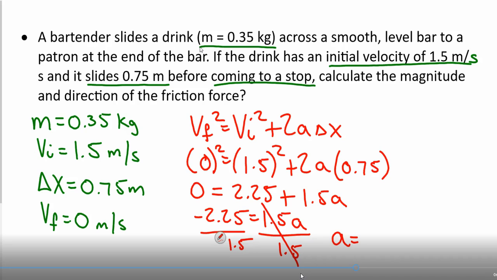So we find that the acceleration is equal to negative 1.5 meters per second squared.